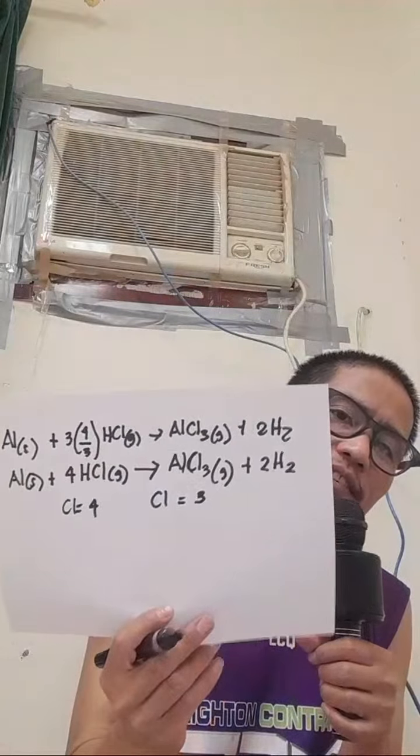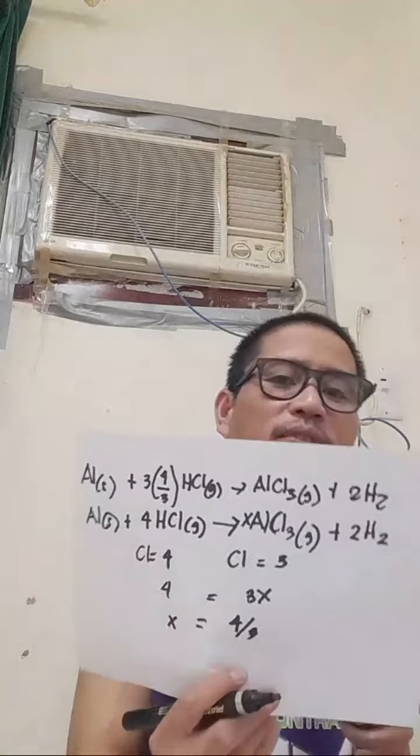And then chlorine is 3 on the right side, which is deficient in the product side. So you let X be the value of the coefficient. So this is 3X. So 4 equals 3X, and X equals 4 over 3. Again, a fraction for the third attempt.